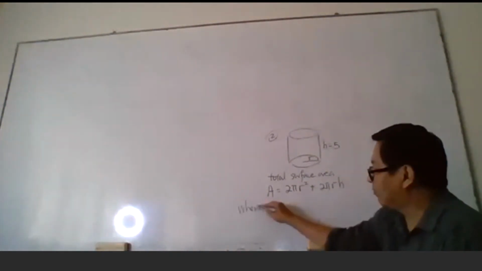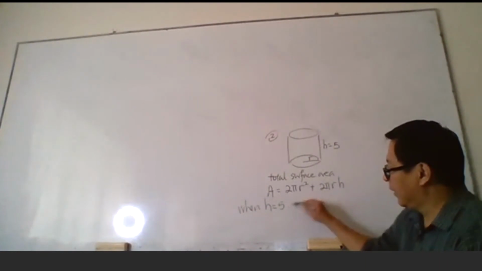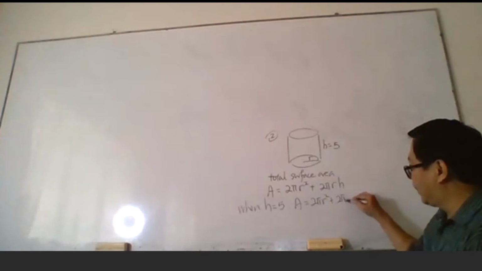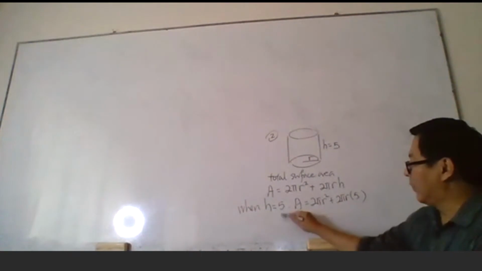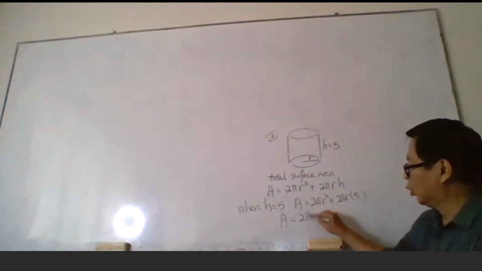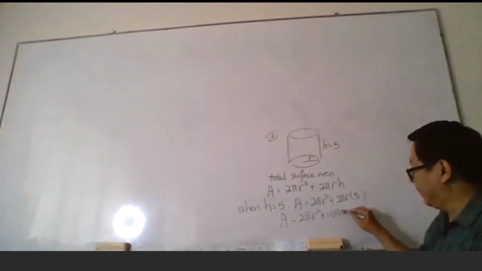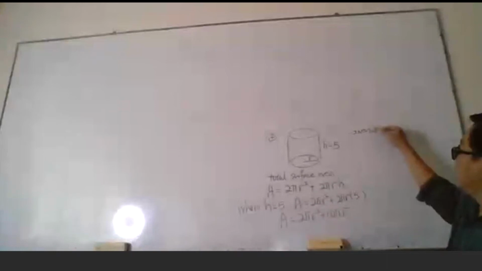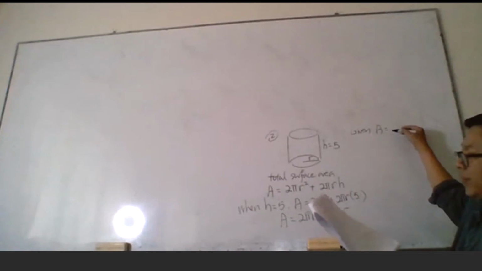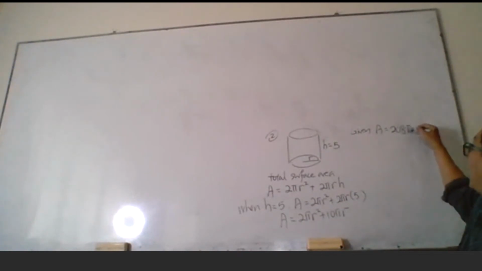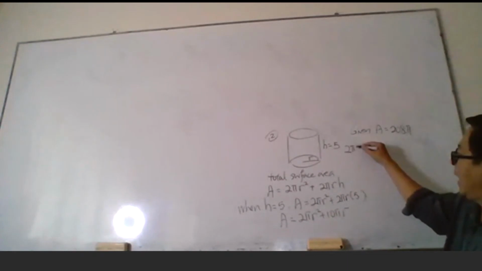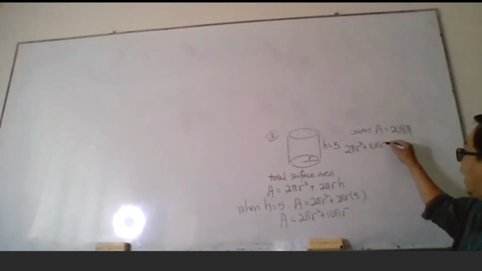When h equals 5, my A will be 2 pi r squared plus 2 pi r times 5, so I get 2 pi r squared plus 10 pi r. Given that the area is 208 pi, I put 2 pi r squared plus 10 pi r equal to 208 pi.